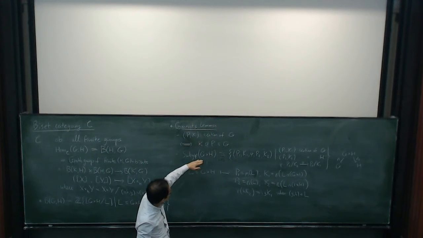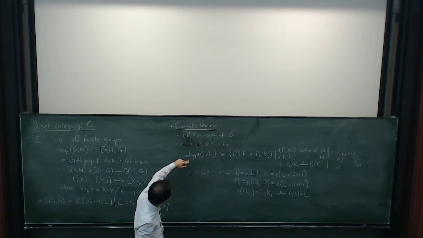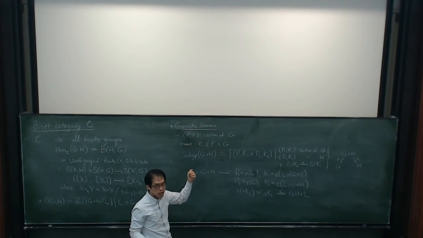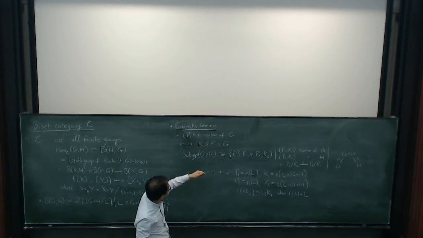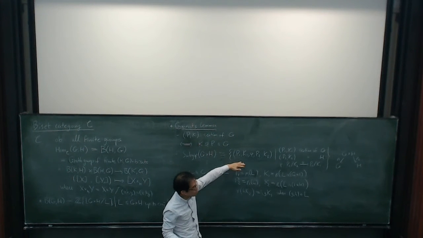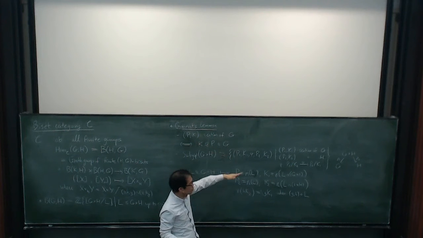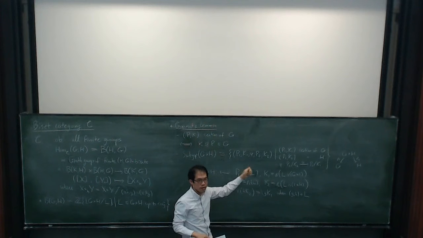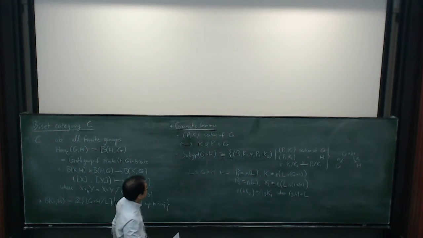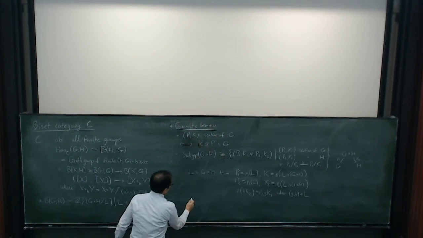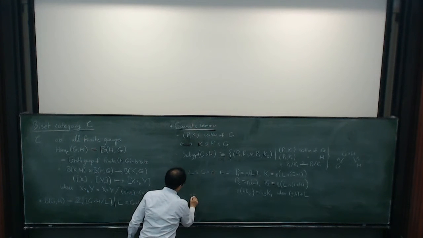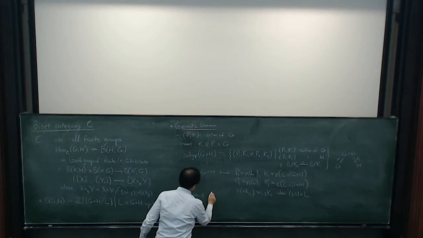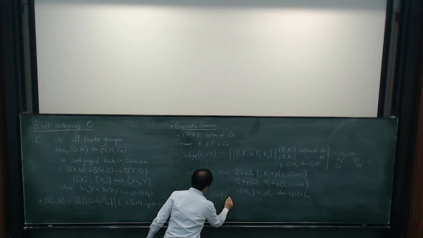Similarly, the set of subgroups of G cross H is acted on by G cross H, and that action has a very natural counterpart on this side, as you can imagine. This is an isomorphism, so you conjugate on one side, conjugate on the other side. So let me write that this is in fact an isomorphism of natural G cross H posets.